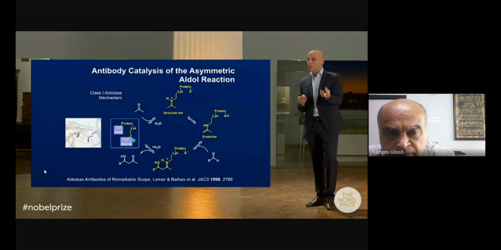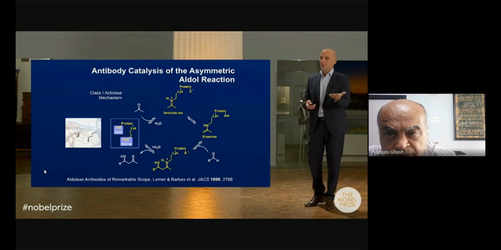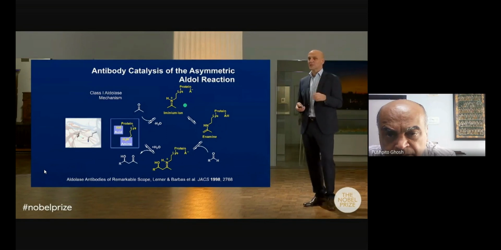an amino group that, assisted by the acid group, engages in the formation of an iminium ion from a ketone precursor. And this iminium ion formation is actually quite important. It not only lowers the LUMO energy of this system, but it also drastically increases the alpha CH bond acidity. This has been estimated by Bill Jencks already in the 60s.